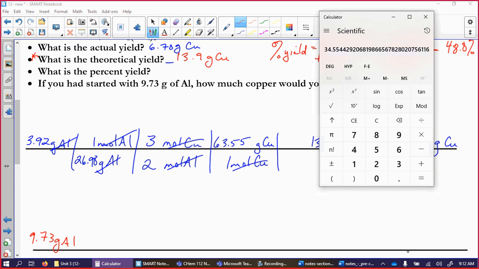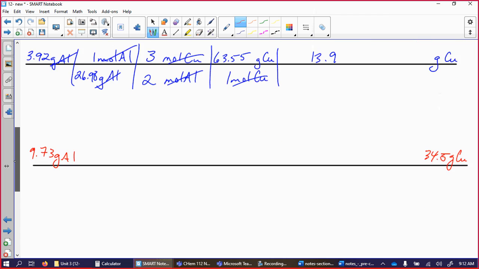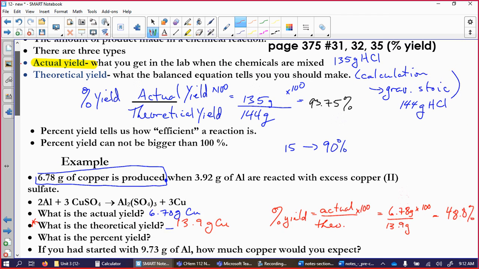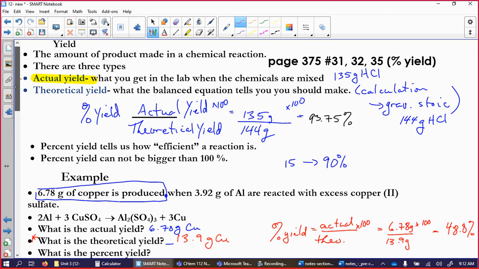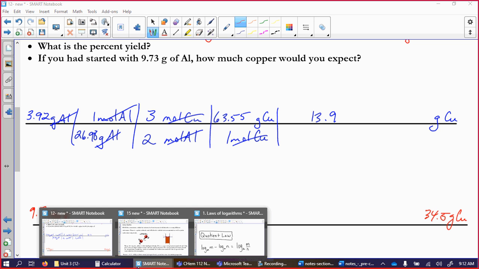If you started with that, you should end up with 34. And your percent yield is going to be significantly worse. Those are questions in the book about yields, but for now, this is the idea behind them.